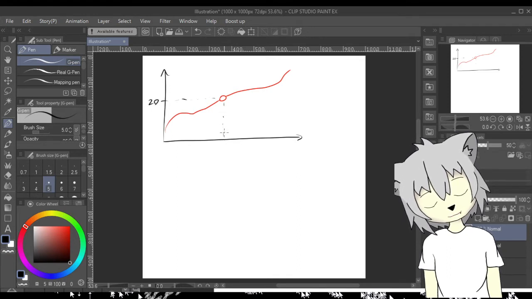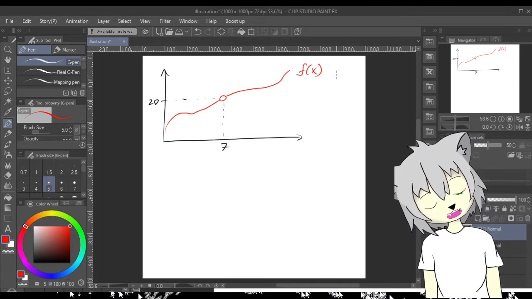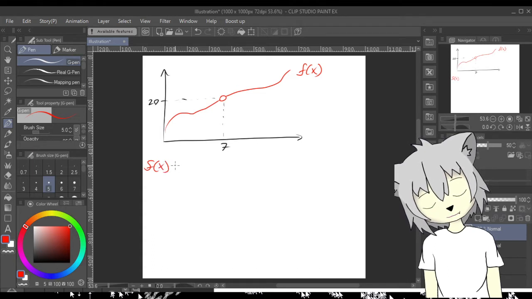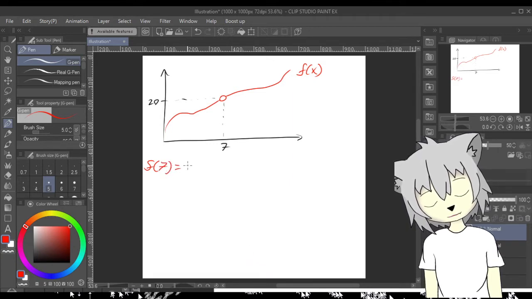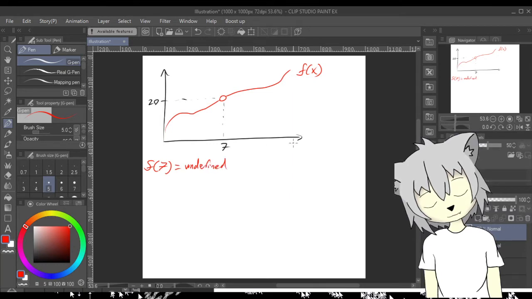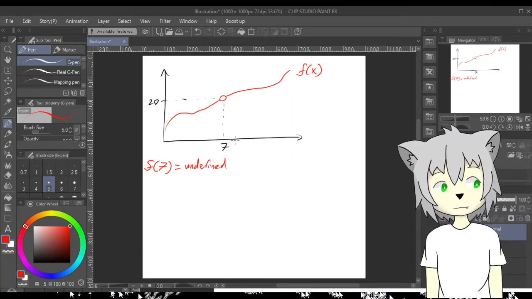This is 7. This is f of x. F of 7 is undefined. This doesn't technically exist, right?